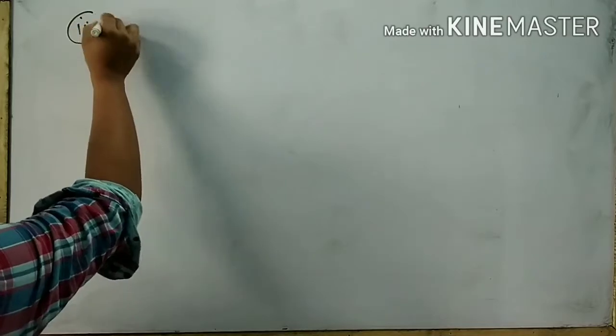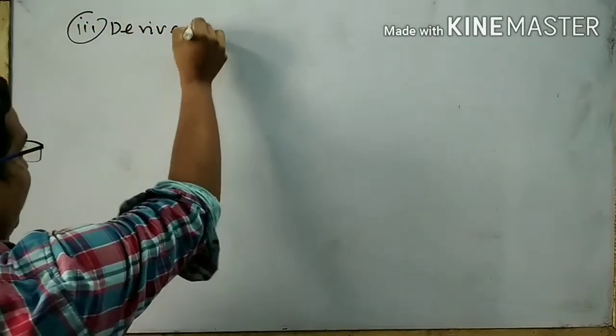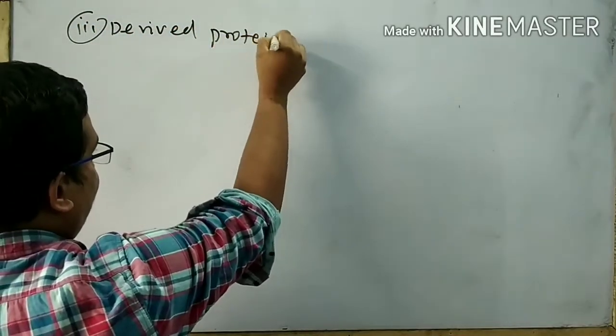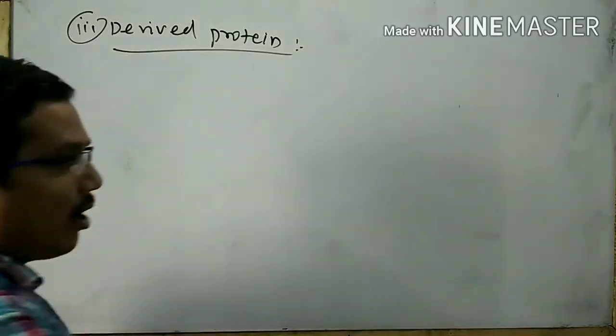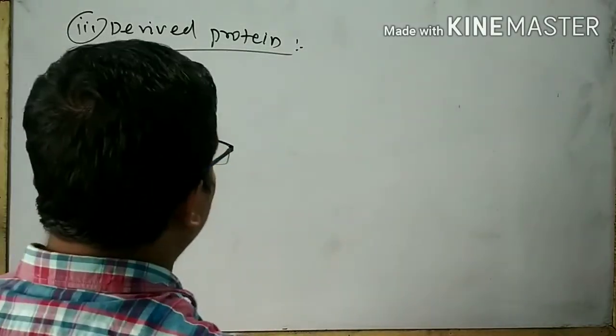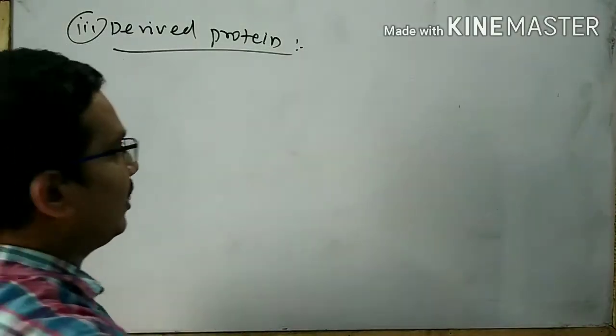Next I will discuss about the derived protein. These types of protein are generally formed by the partial hydrolysis of simple protein and conjugative protein.